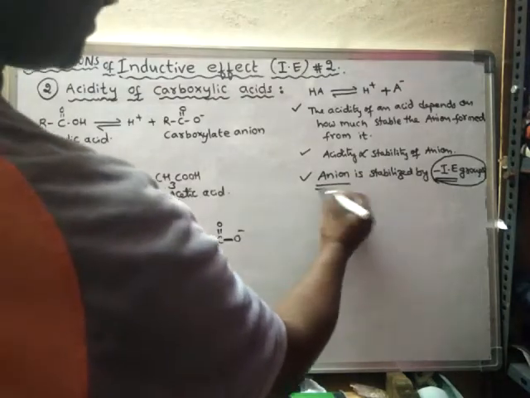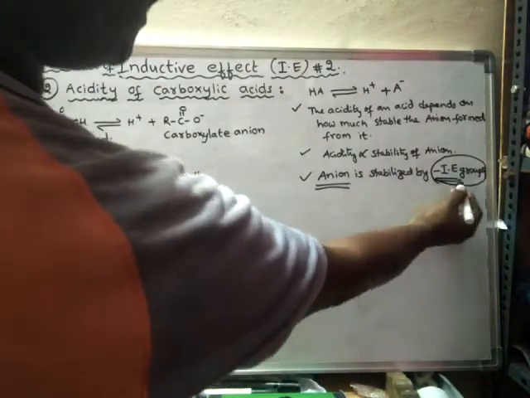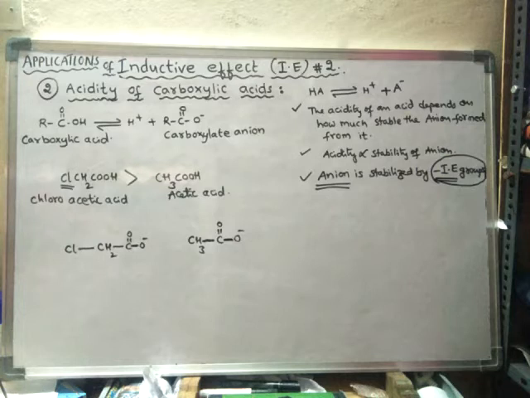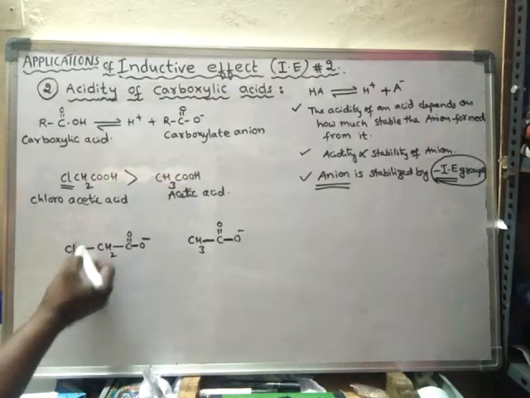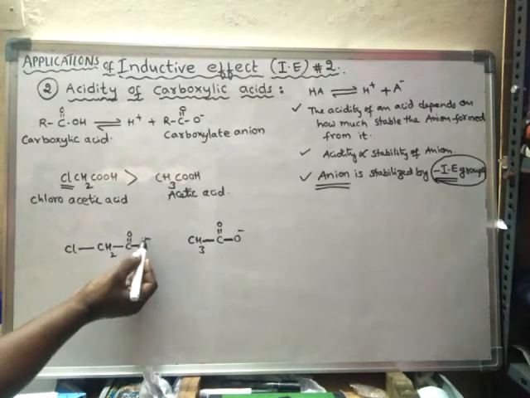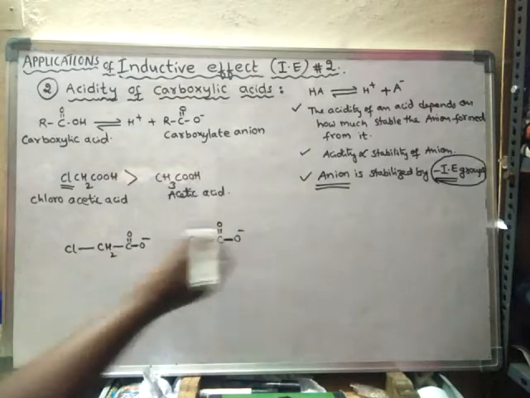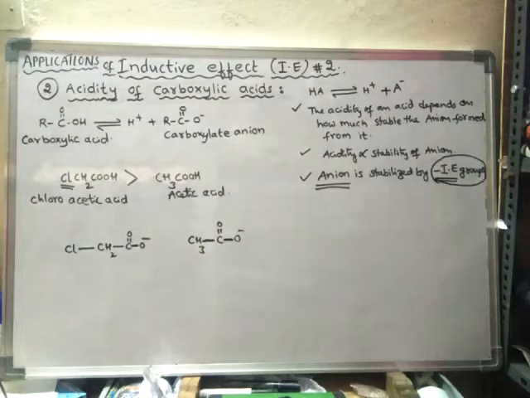Generally for anion, if it is attached to minus I group, then it will be more stable. Why? Because here, this is anion, so on oxygen negative charge is present. Here also on oxygen negative charge is present. So it is a charged species, it is not a neutral species.